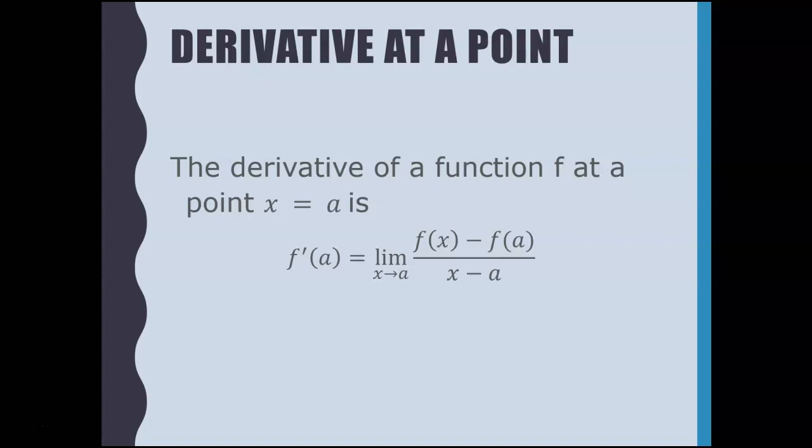This is referred to as the alternate form of the derivative. So the derivative at a point is known as the alternate form. So your textbook, worksheets, etc. might say find the derivative using the alternate form, and that's this equation right here. The other equation is known as the difference quotient. This is known as the alternate form.